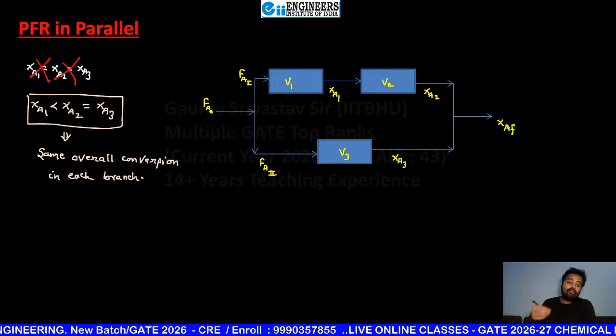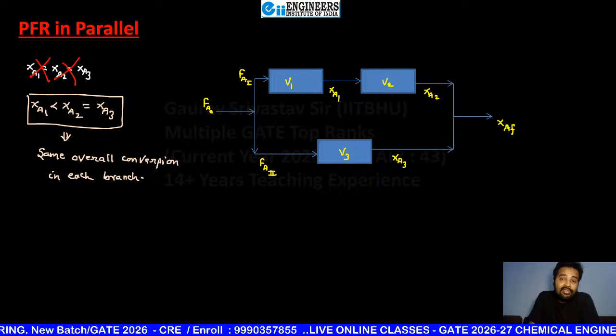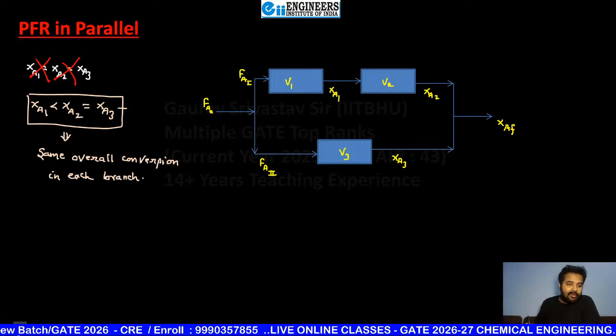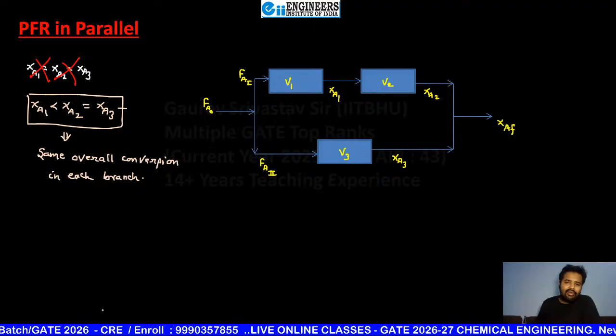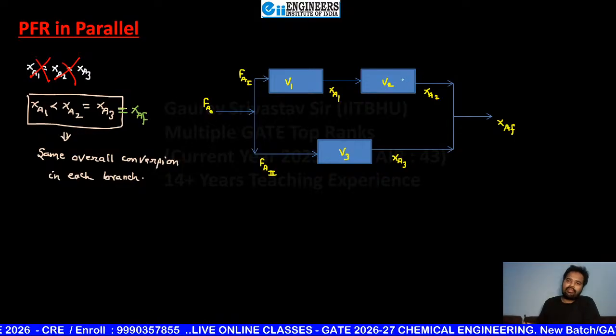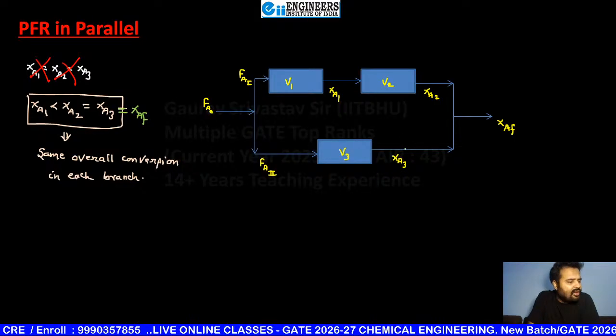Maybe more than two branches are there. Here I am showing you just two branches, maybe three. And one more thing, beta, it must also equal XAF in a similar manner as you had seen previously. When you mix the lines with the same conversion, the overall conversion is the same, so again you will get the same XAF.